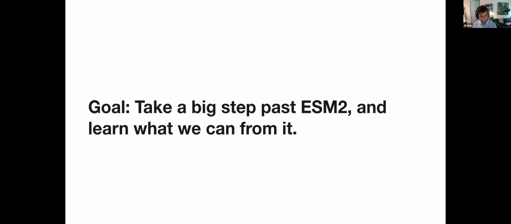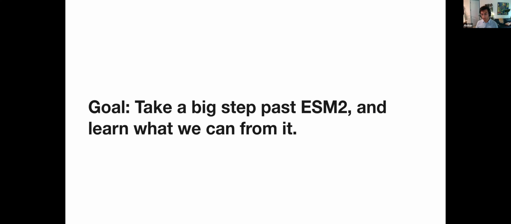So, ESM3. I think an overarching goal for ESM3 is really to take a big step past where we were in ESM2 and see what we can learn from it. This was a motivating factor because we thought the space of protein models has been in a bit of a local optimum, where people know what works reasonably well and are able to train new models in that space.